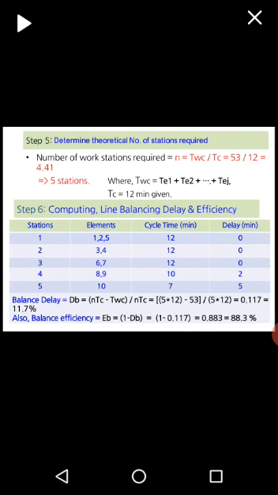That is (5 into 12 minus 53) divided by (5 into 12), which is equal to 0.117. In terms of percentage, that is 11.7%.